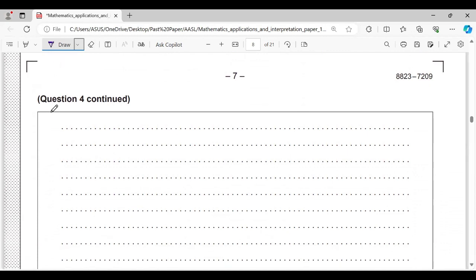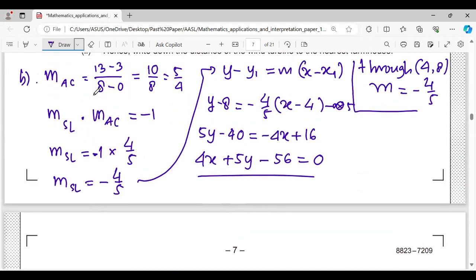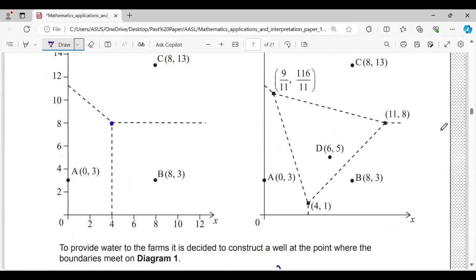So this is C. Right. I'm going to check. From B to this point, this is square root of (8 minus 11) squared, 9, plus (3 minus 5) squared, 25. This is square root 34. How about this?